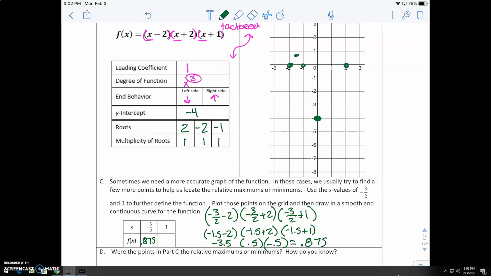So now I have to do it all over again, but this time I get to do it with a positive number. I get to do it with something that's not a fraction, so that's super nice. So I'm taking this and I'm plugging it in for all of my x's. That's what I'm doing, if you were lost last time.